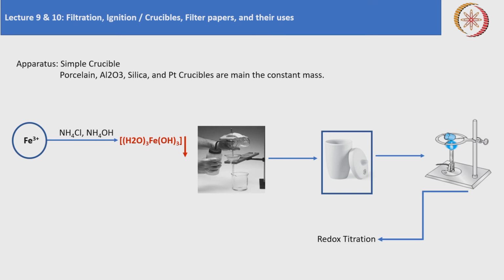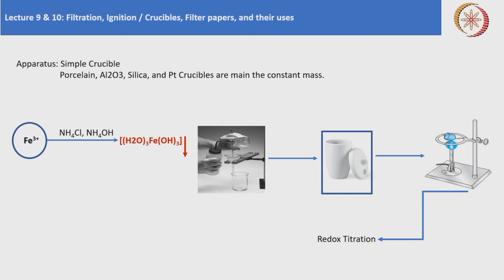Okay, in lectures 9 and 10 we learned about the filtration and ignition method and the different crucibles, filter papers and their uses. We learned about porcelain crucible, aluminum crucible, silica crucible and platinum crucible.